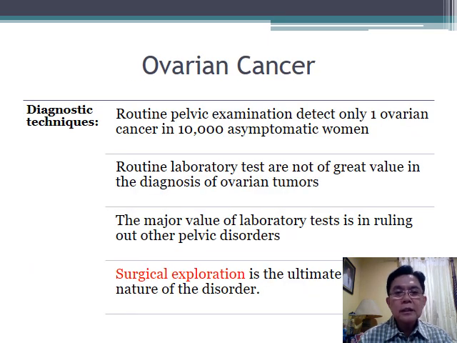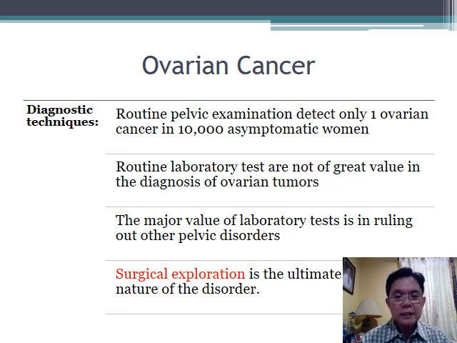Routine pelvic examination can detect only about 1 ovarian cancer in 10,000 asymptomatic women. On the other hand, routine laboratory tests are of no great value in the diagnosis of ovarian tumors. The major value of laboratory tests is in ruling out other pelvic disorders, which has negated their use as a screening tool for ovarian cancers.